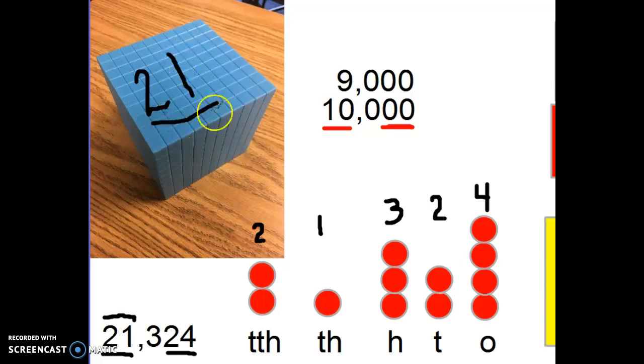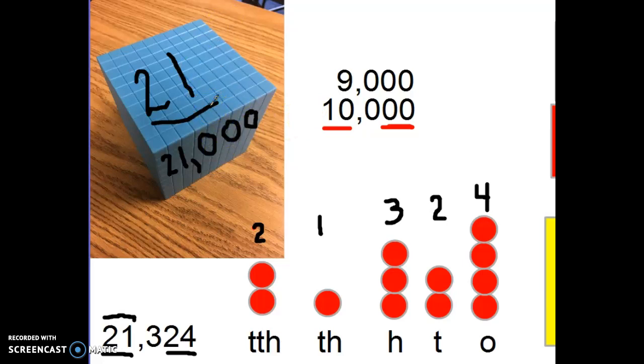If you stacked up 21 of my base 10 blocks for the thousands cube, you would also have this number. So 21,000. If you have 21 of those blocks, you would have 21,000, which if there were no hundreds, no tens and no ones, then it would look like this. And in that, folks, I actually rounded to the nearest thousands place on that one. Okay, so 21,000 if you had 21 of these blocks.